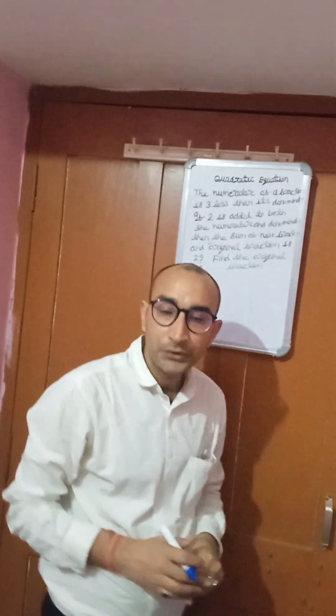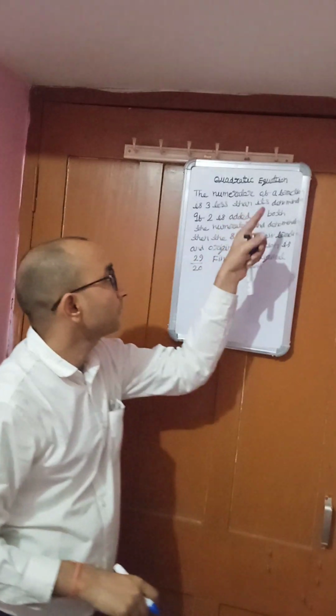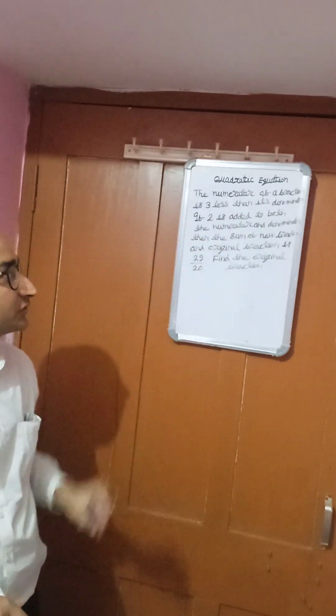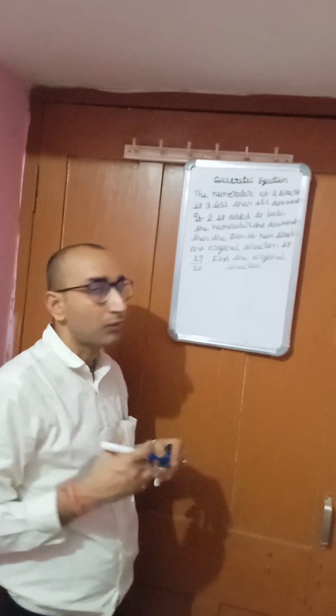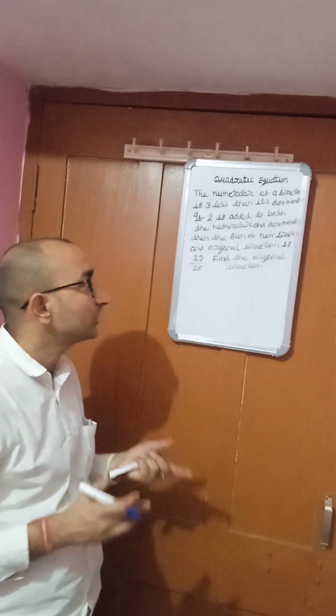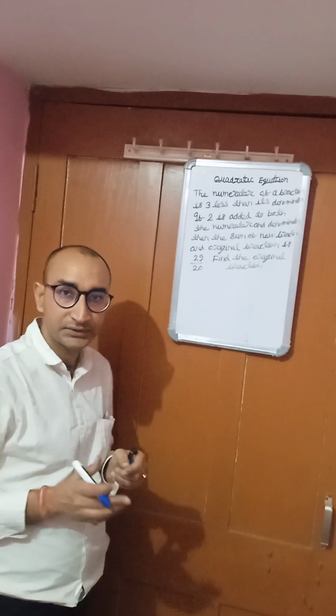Here, the numerator of a fraction is 3 less than its denominator, which means I do not know the denominator. If we know the denominator, then it is easy to find the numerator because it is 3 less.